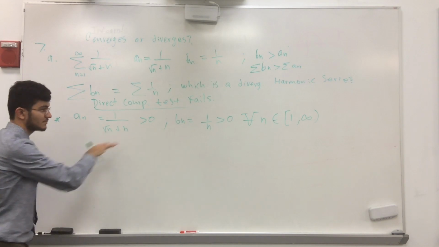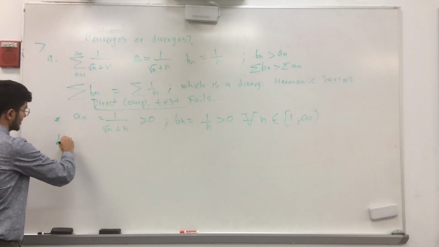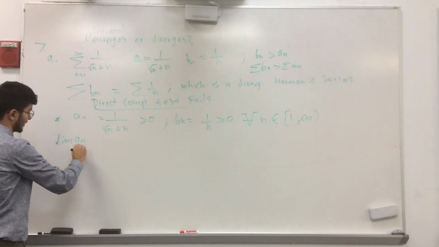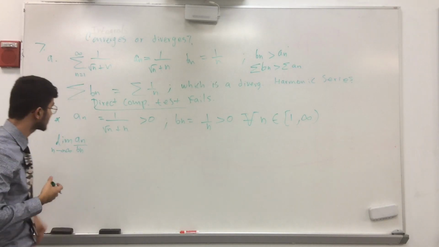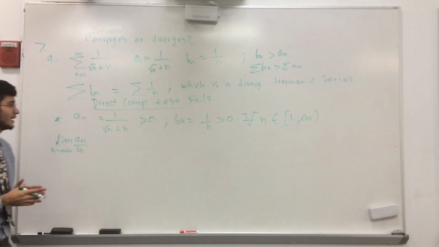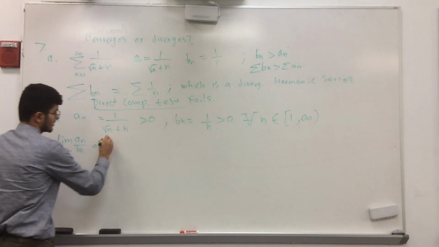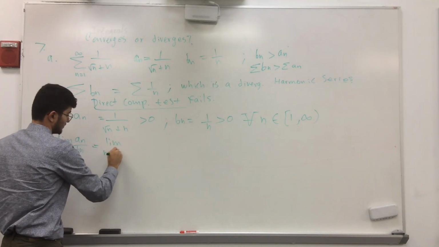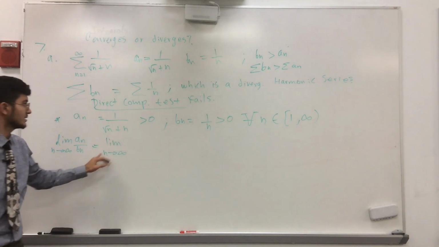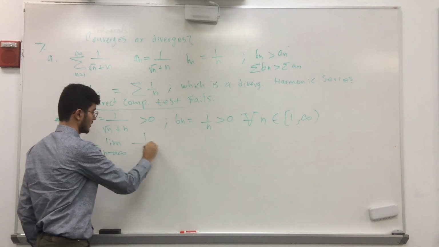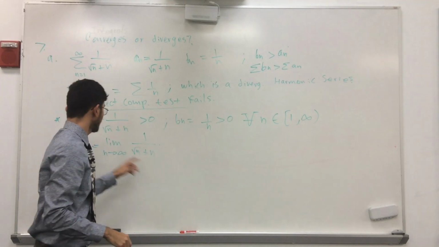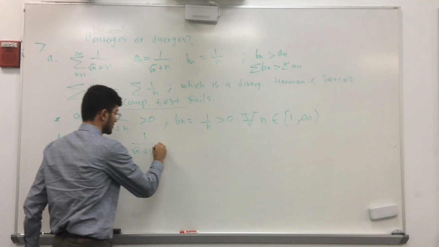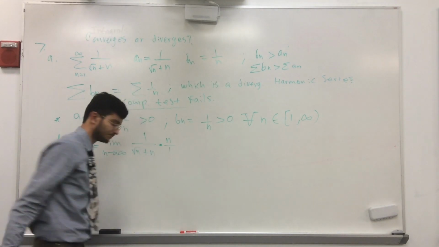Once this is met, we can take the limit of a sub n over b sub n as n goes to infinity and see what happens to the behavior of this limit. This is the limit as n goes to infinity of a sub n over b sub n. a sub n is 1 over the square root of n plus n, and b sub n is 1 over n. If we divide, we multiply by the reciprocal, which is n over 1.